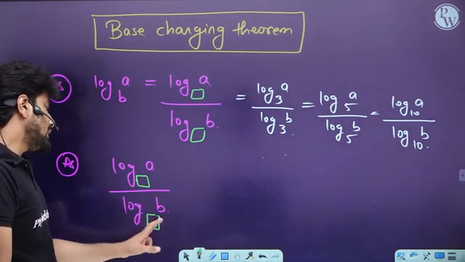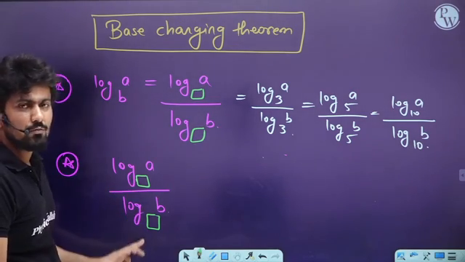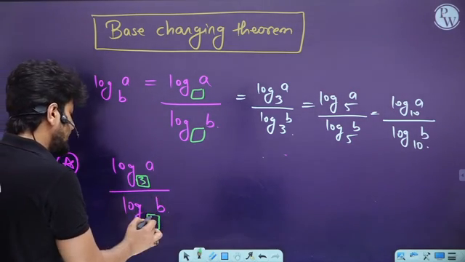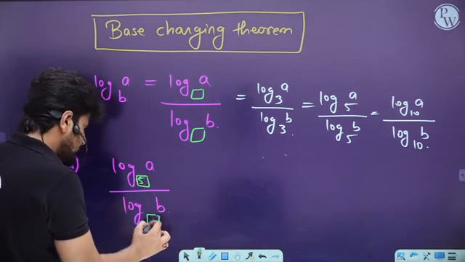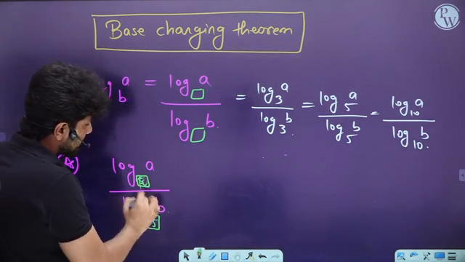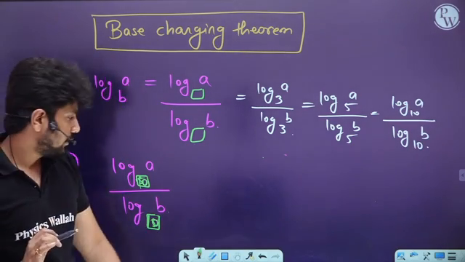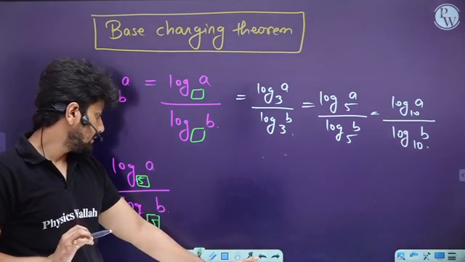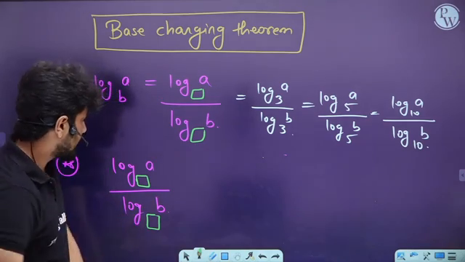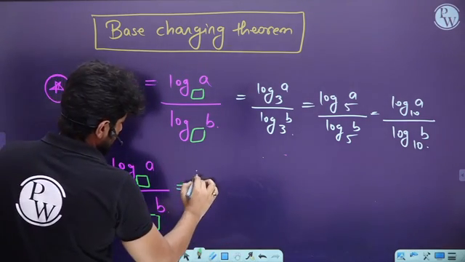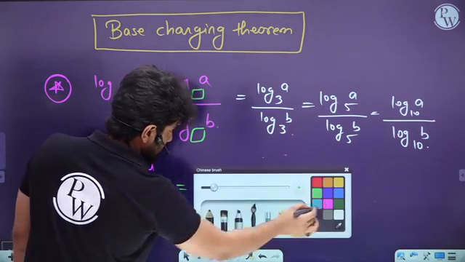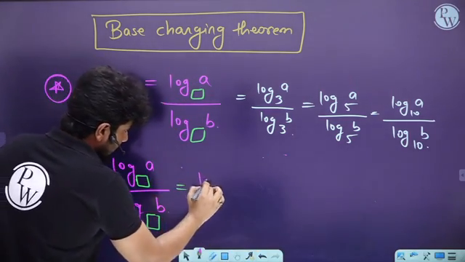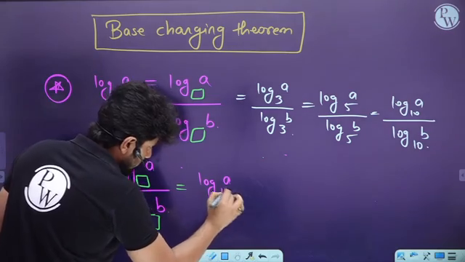So log of a upon log of b, if the base is the same, whatever the base is, let's say 3, or 5, or 10, whatever, we can write this as log of a to the base b. That's the property.